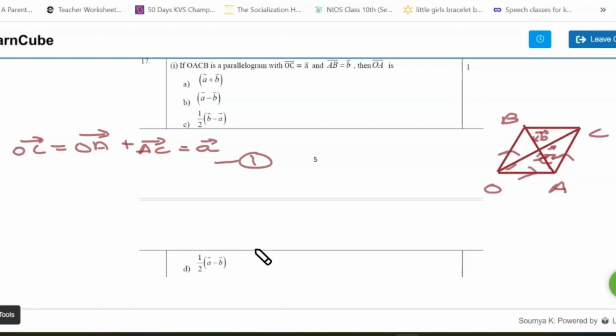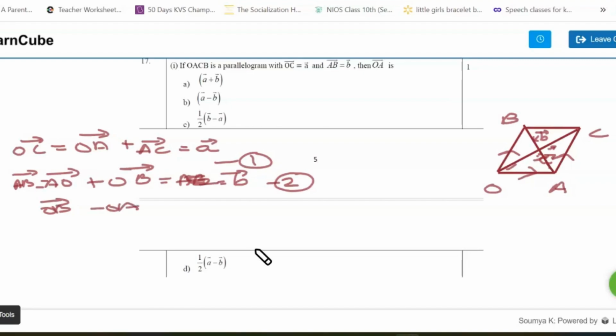Now we can also write AO plus OB is equal to AB, which is already given as B. So these are the two equations. Also you can write it as, since it acts in the opposite direction, OB minus OA equal to B. Mark it as the second equation.